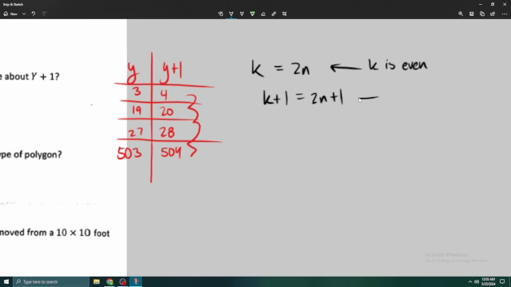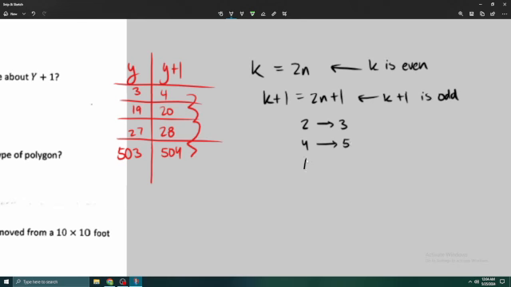Well, k plus 1 is odd, right? Same thing: if k was 2, then k plus 1 would be 3, an odd number. If k was 4, then k plus 1 would obviously be 5.